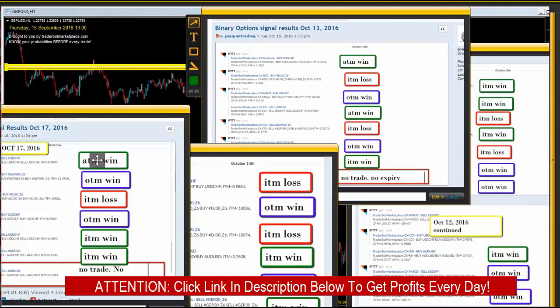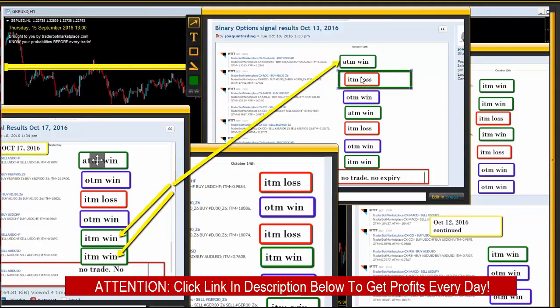Let's look for 3 that haven't won in a row. Let's just go left to right here. Here's one, and here's one. Here's 3 that did not win OTM. So we're going to say this is a loser OTM, this is a loser OTM, and this is a loser OTM.